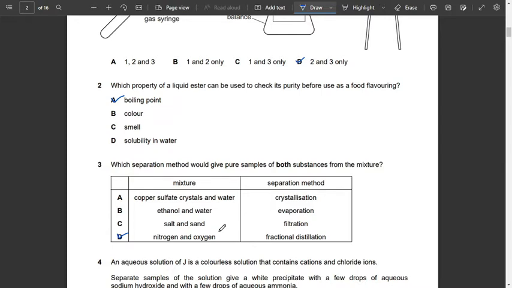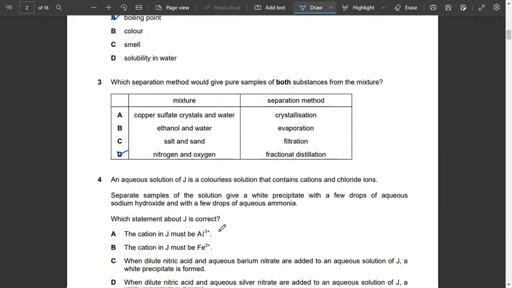We can use a separation method to separate salt and sand, but if we use filtration, we need to add water, and then the salt will turn into solution and the sand will be separated, but we will not be able to achieve both the contents properly in pure form. So that is why we are going to go for fractional distillation.